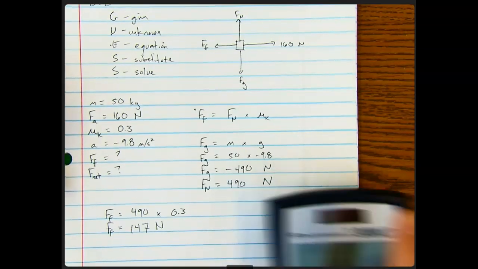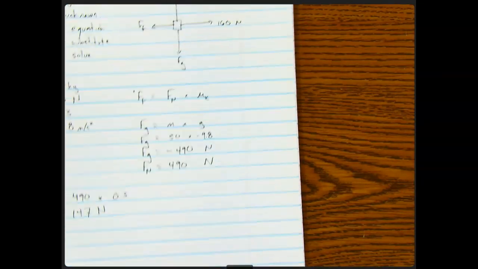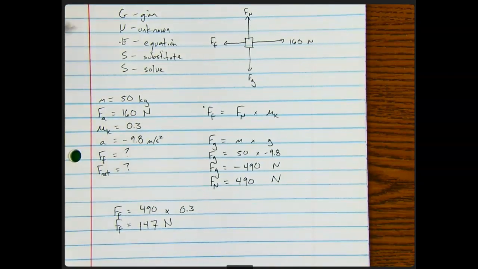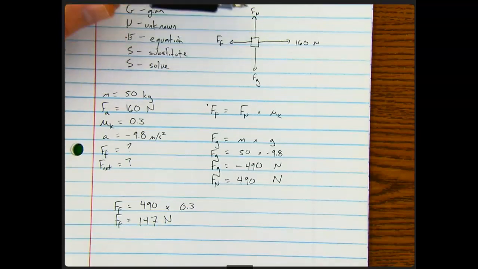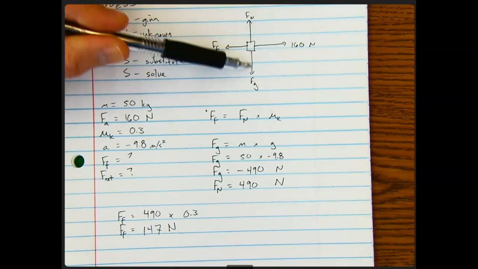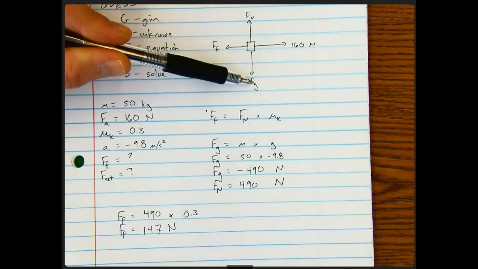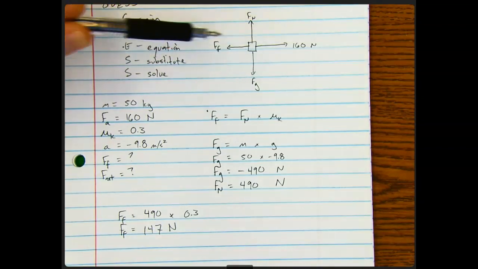The net force is going to be the forces added together. Let me move this so I can get everything included here. One thing I could do is figure out the net force in the y direction. I'm not going to bother with that because I know these two are equal and opposite, so I don't have any net force in the y direction. What I will have is a net force in the x direction, from side to side.